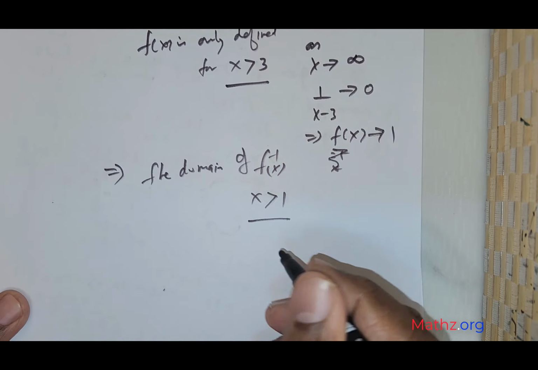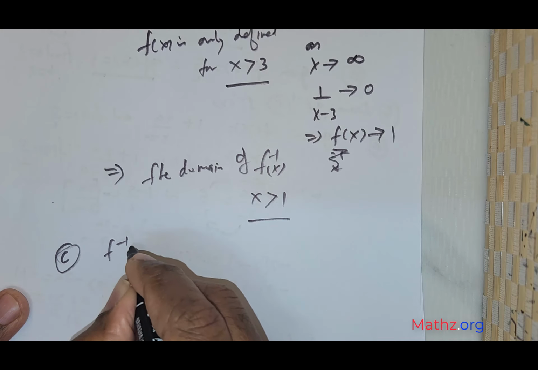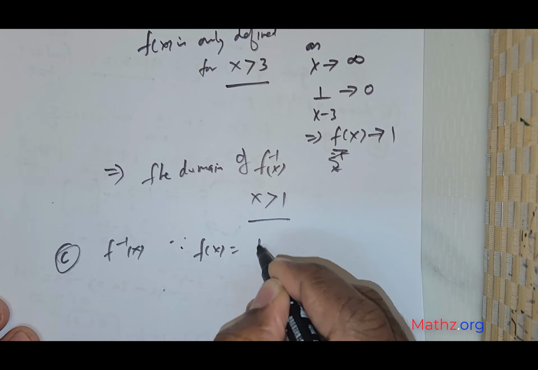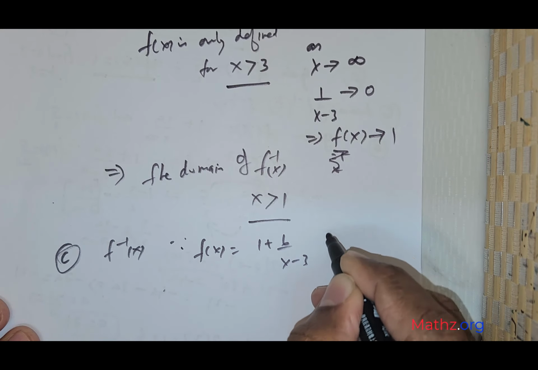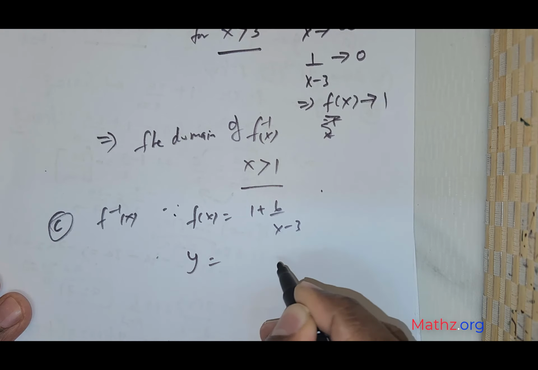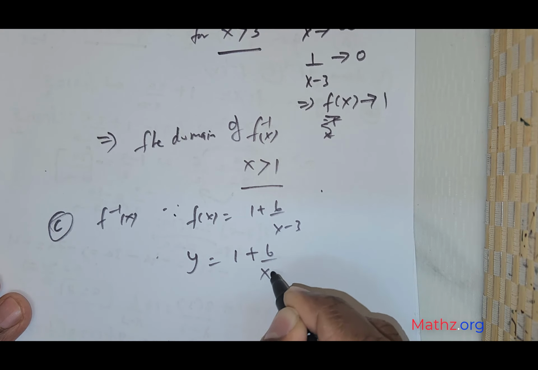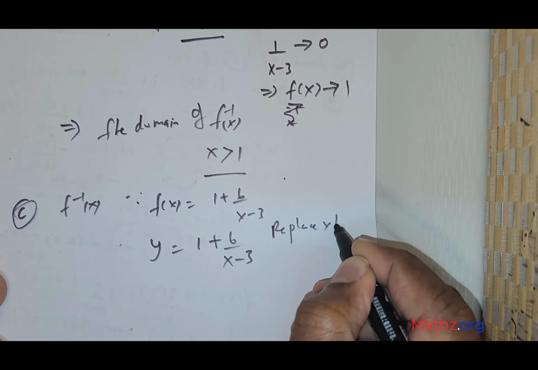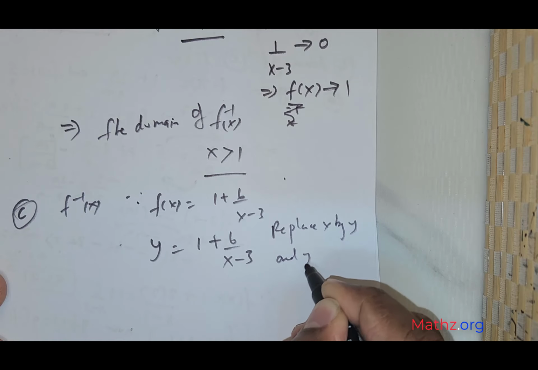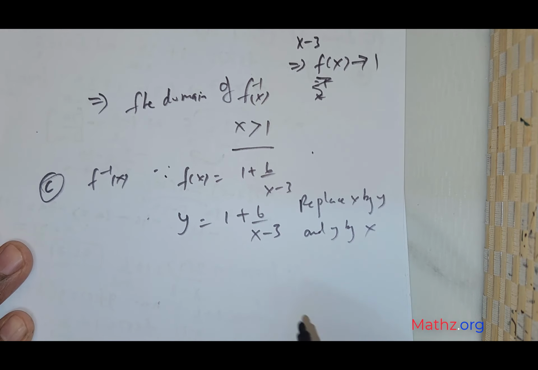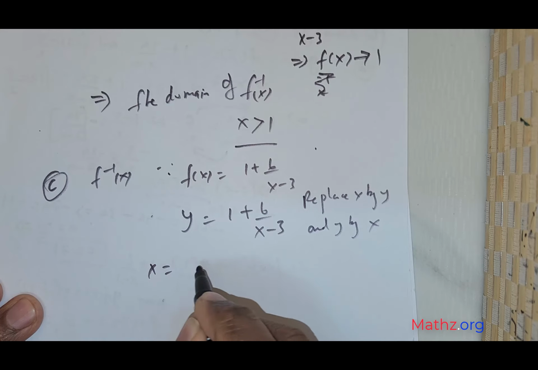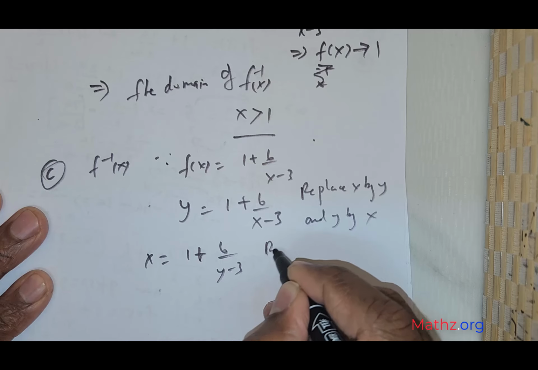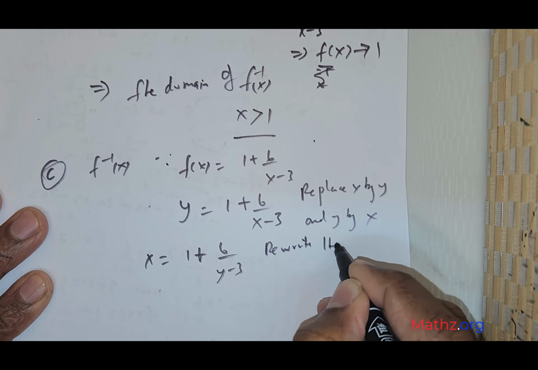Now we are asked to find f inverse of x. Since f of x is 1 + 6 over x - 3, I'm going to rewrite this as y is equal to 1 + 6 over x - 3. Now replace x by y and y by x to find f inverse of x. So x is equal to 1 + 6 over y - 3. Then you rewrite the system for y.